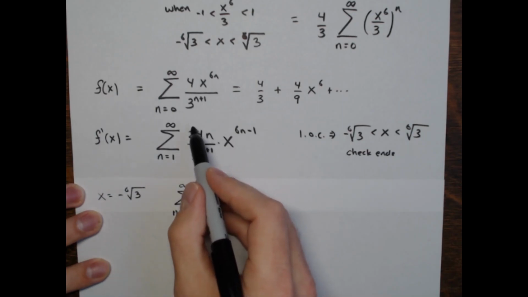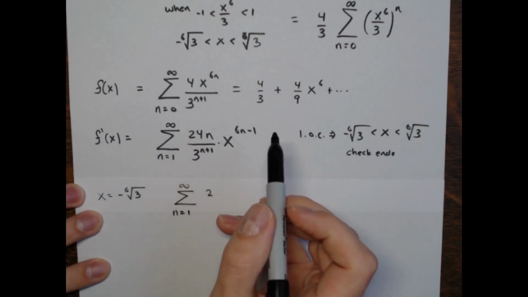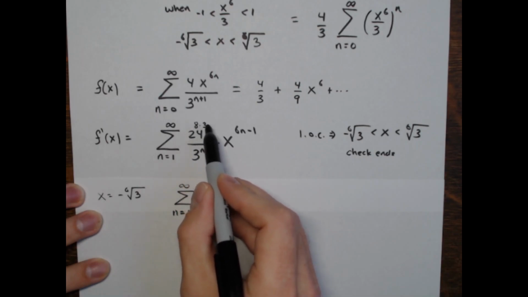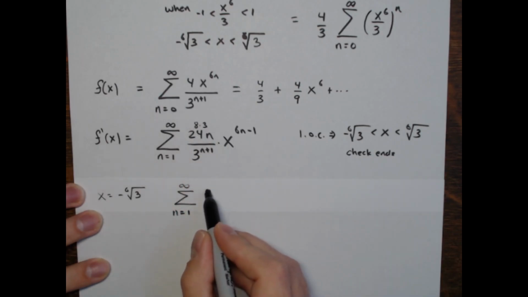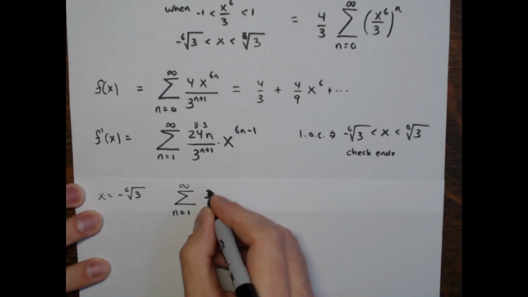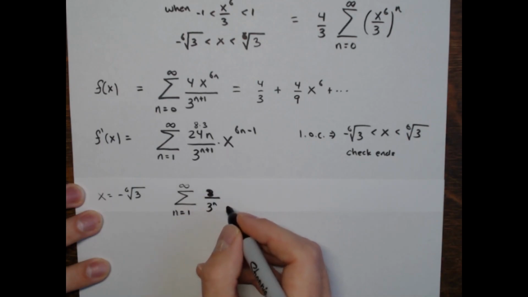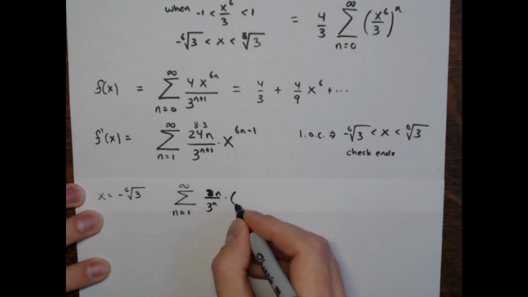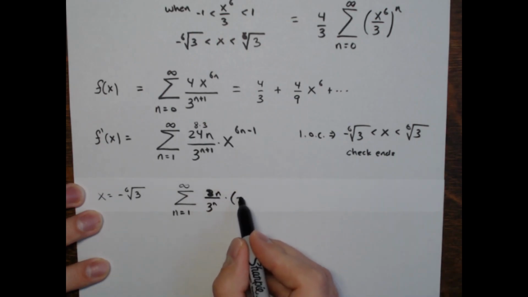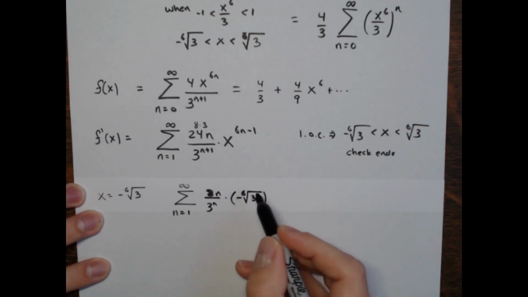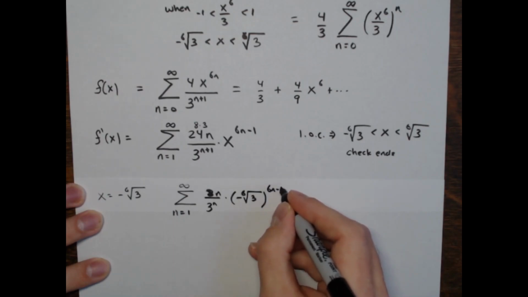Now 24, I can do this, that's 8 times 3, and then cancel one of these 3s. So this is 8 over 3 to the nth instead. So it's 8 over 3 to the n times n, so 8n over 3 to the n, and then times, replacing x with negative 6th root of 3, or 3 to the 1/6 power here, to the 6n minus 1.